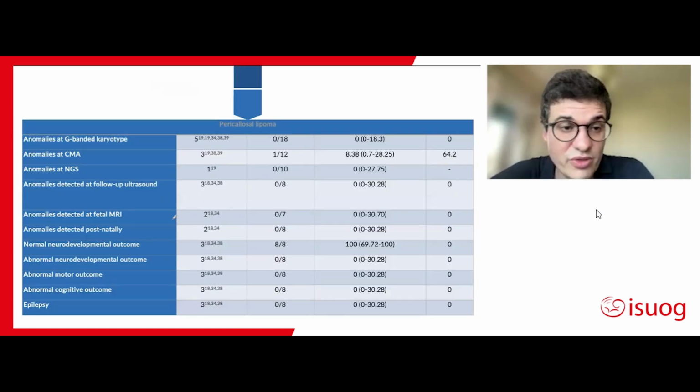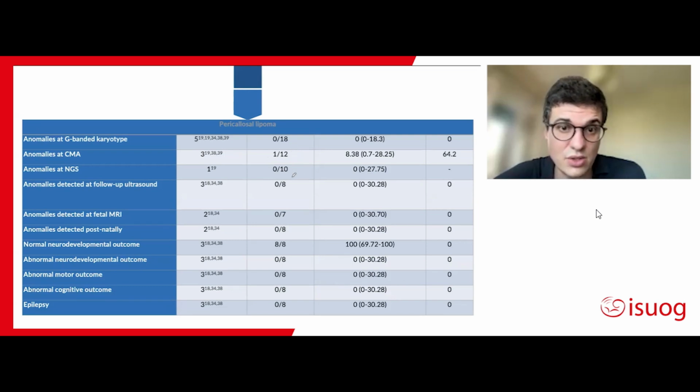Also in the past, lipoma of the corpus callosum was considered a very bad anomaly associated with epilepsy, cortical anomalies, and adverse neurodevelopmental outcome. But when we have this in isolation, the outcome in most cases is good, with very few cases of genetic anomalies, especially at standard karyotype, chromosomal microarray, and also single gene analysis, where the numbers are very small.